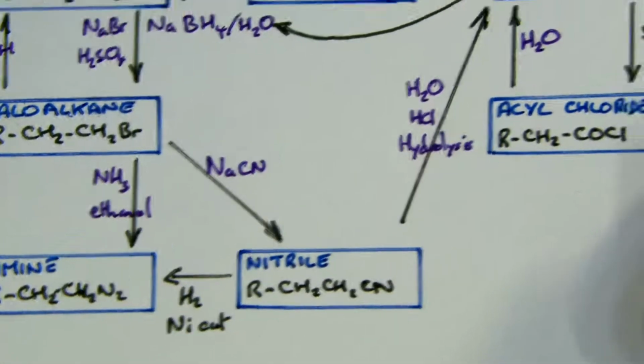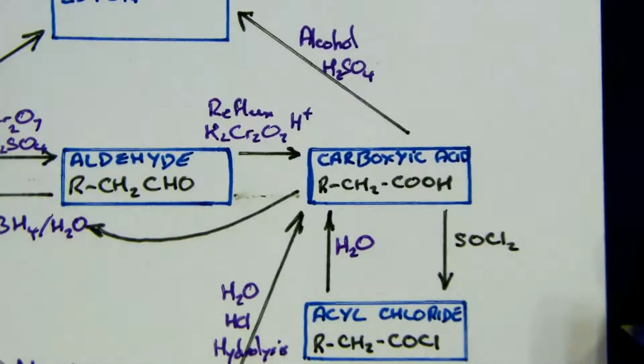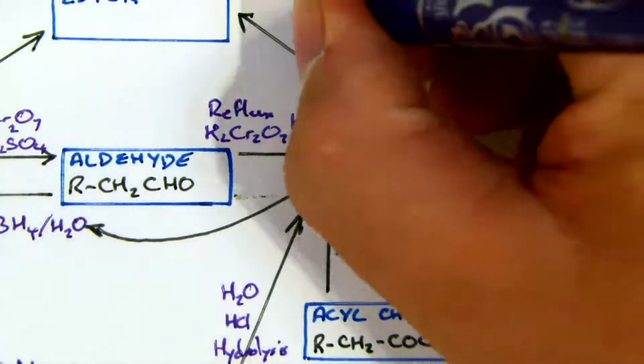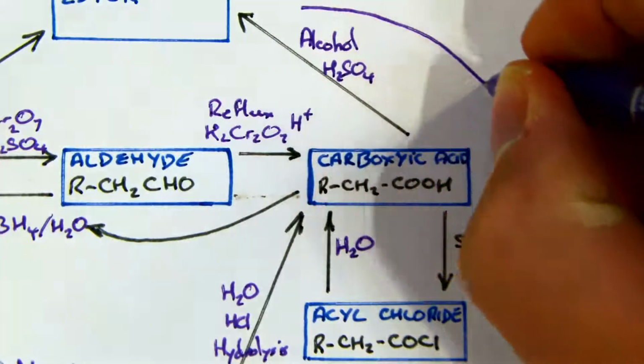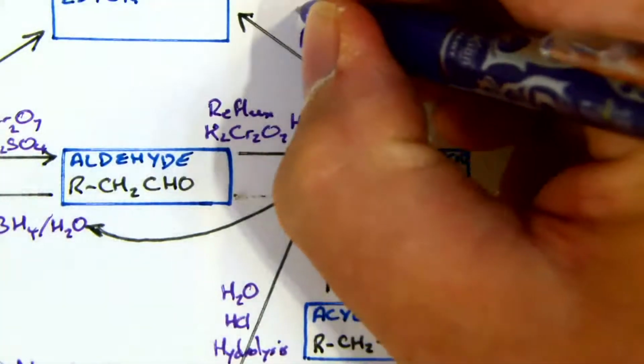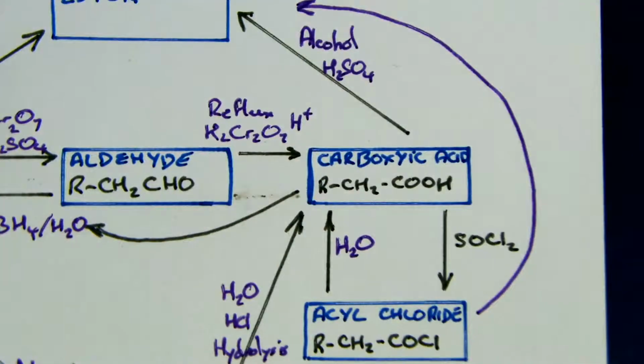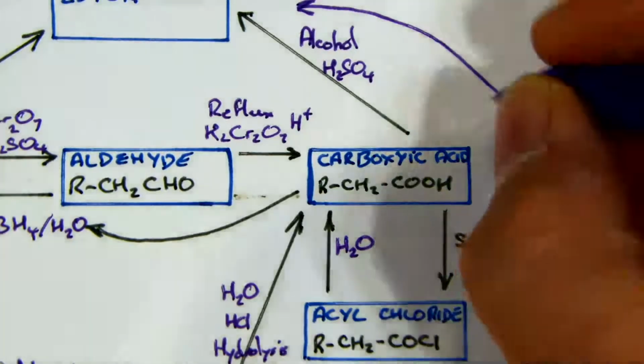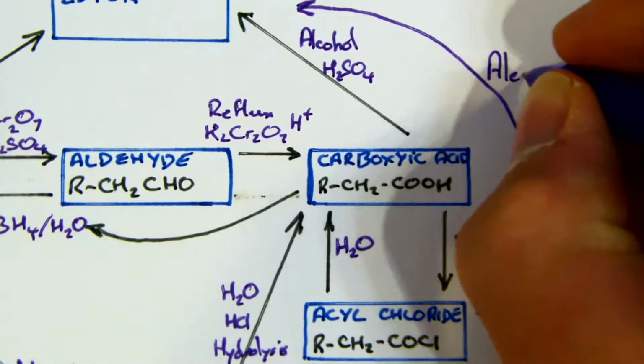We've got my acyl chloride. This can also go to an ester. And there we are. You should have used a nice black line there. I forgot. Whatever pen I had in my hand at the time. And this is simply going to be by adding an alcohol.